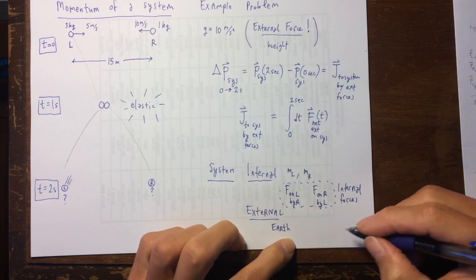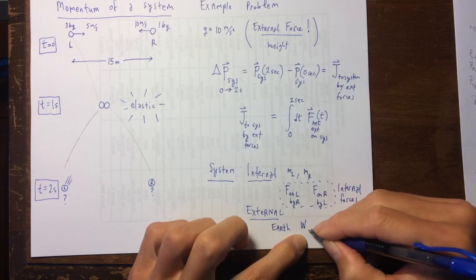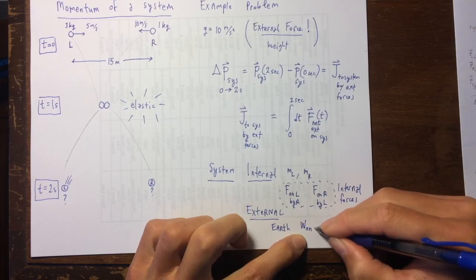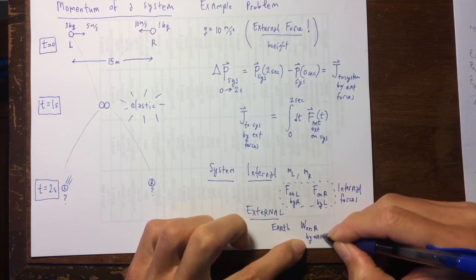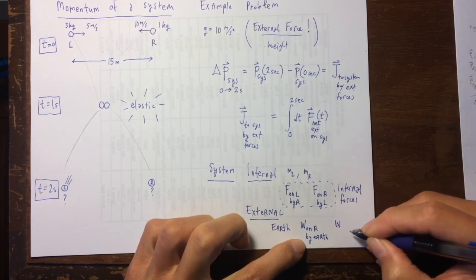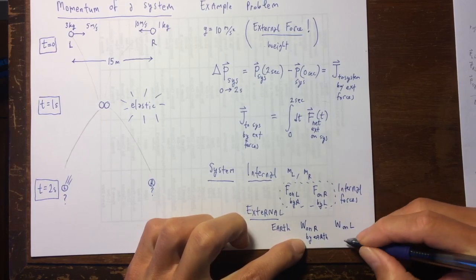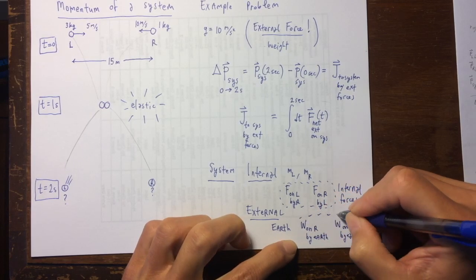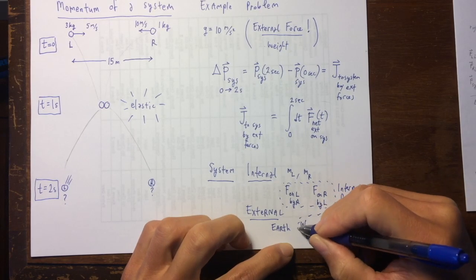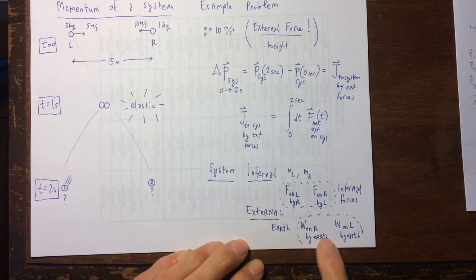And those external forces are the weight force that acts on the right side object by the Earth, and also the weight force that acts on the left side object by the Earth. So these forces here are external forces.